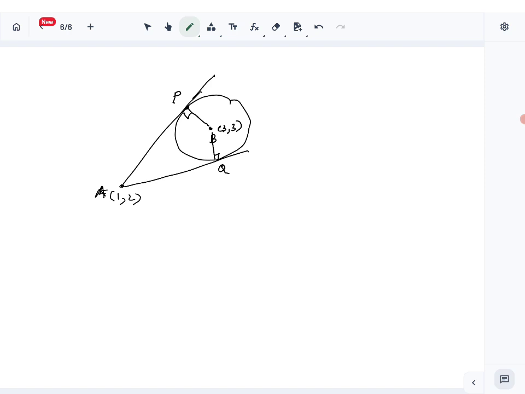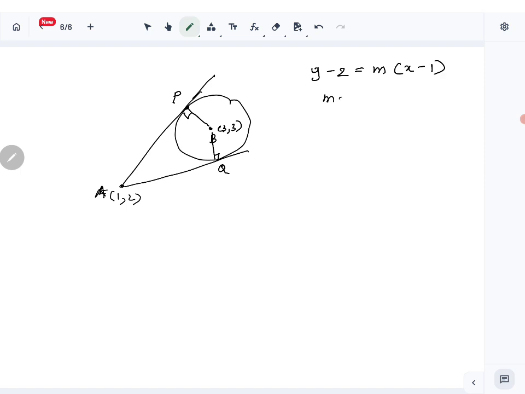So then we can write the equation of one of the tangents. Let's take the gradient to be m: y minus 2 equals m into x minus 1.